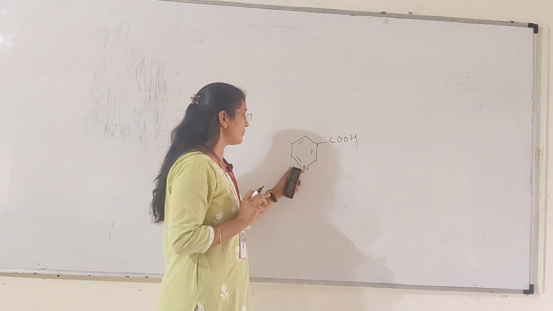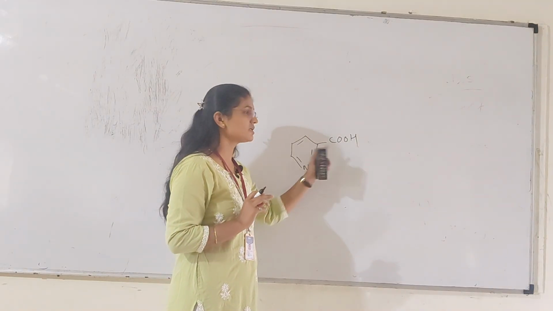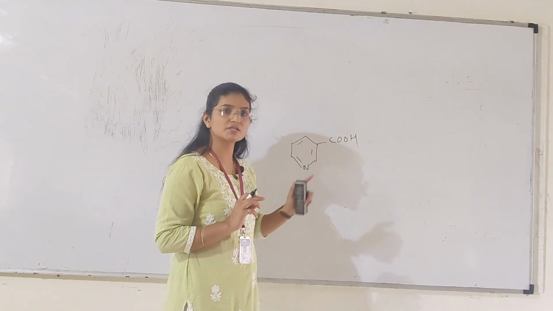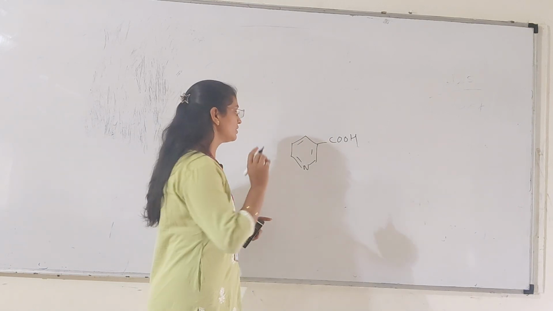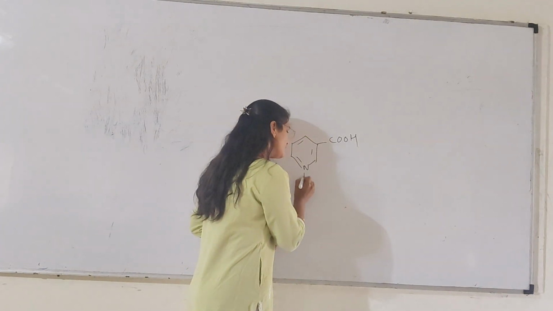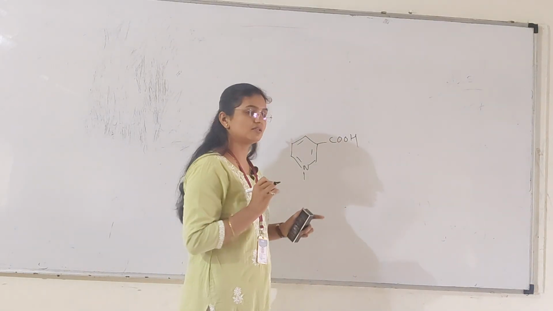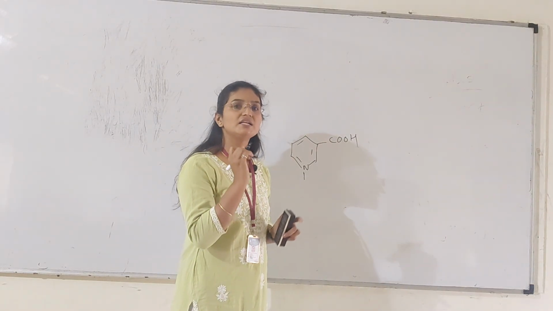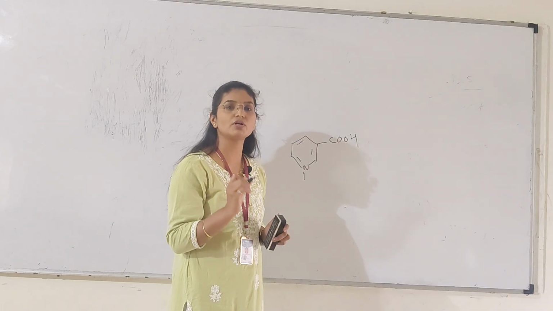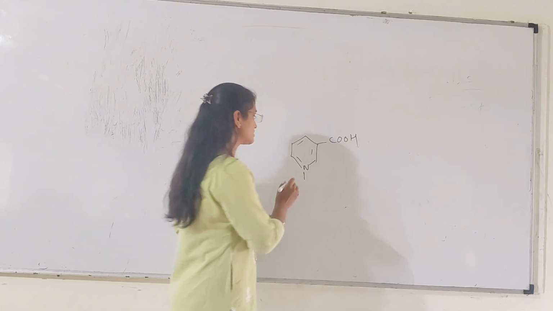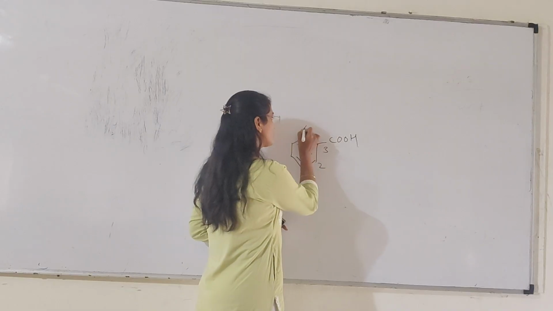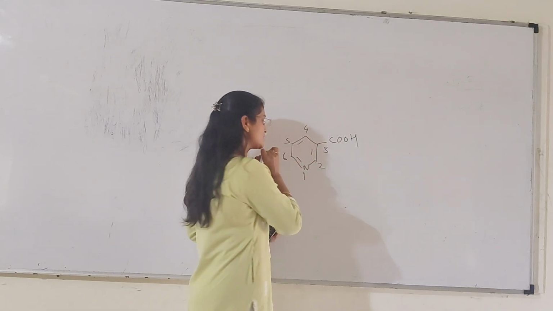If your compound contains a heteroatom plus one substituent or functional group, then again numbering starts from the heteroatom, but give the least possible number to the substituent or functional group, means 1, 2, 3, 4, 5 and 6.